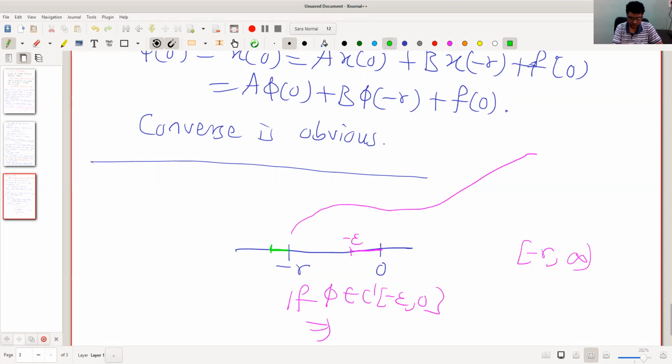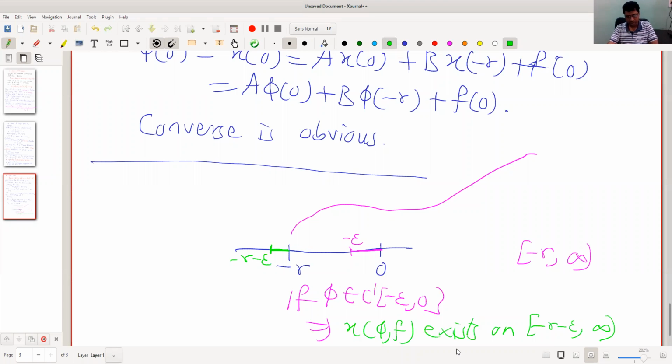Okay, so it exists on minus r minus epsilon to infinity. Then x of phi f exists on a larger interval, minus r minus epsilon to infinity.